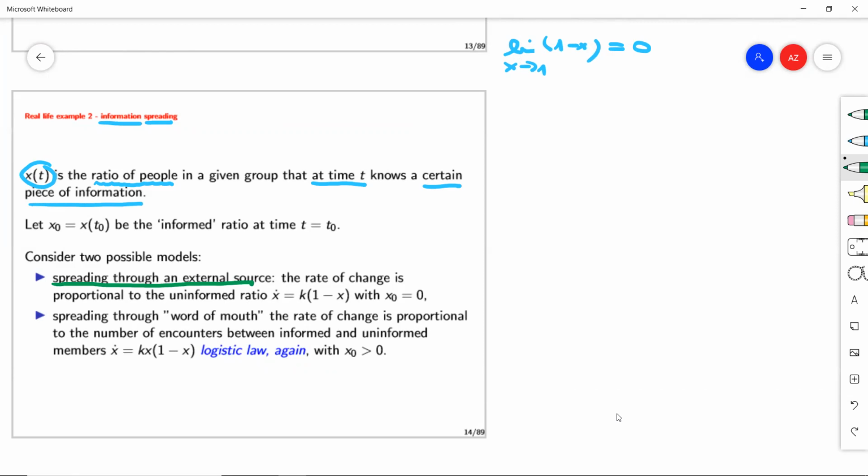It only depends on the number of uninformed people. So this means that the rate of change is proportional to the current uninformed ratio. So let's say that the uninformed ratio is 1 minus x, and the information spreads from the external source only within this uninformed group, and the rate is proportional to the size of this uninformed group.